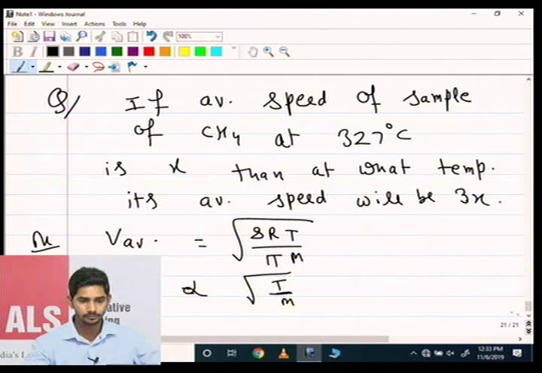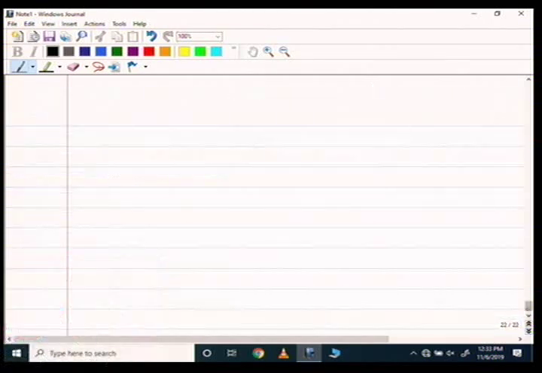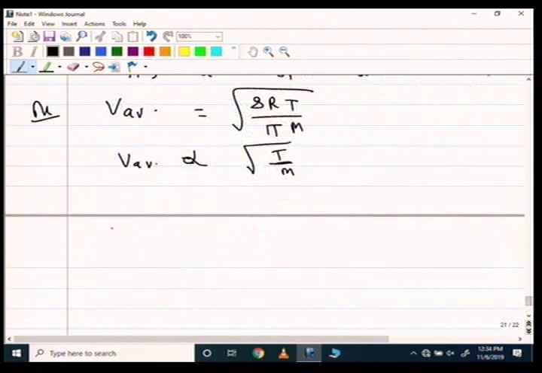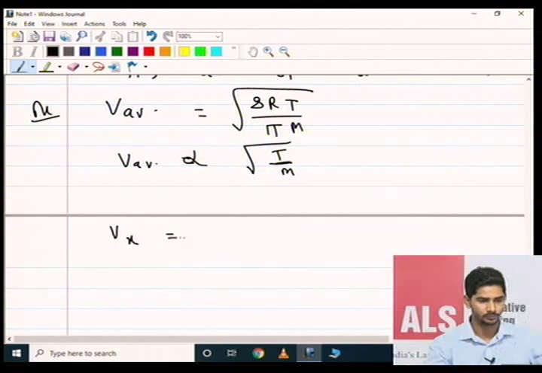So what can I say? Vx should be proportional to, or we can say, Vx upon V3x should be equal to what?